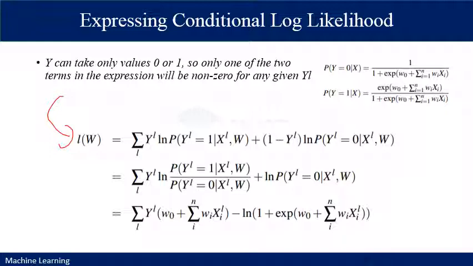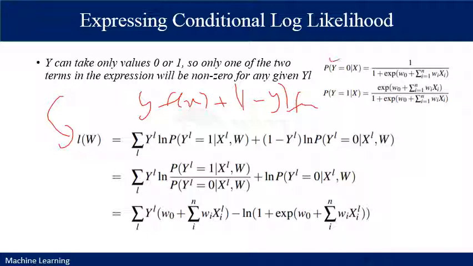Basically the log likelihood should be maximized, but in order to turn it into a loss function, that is something we need to minimize. So generally a log likelihood is specified as y times some function plus 1 minus y times some function.